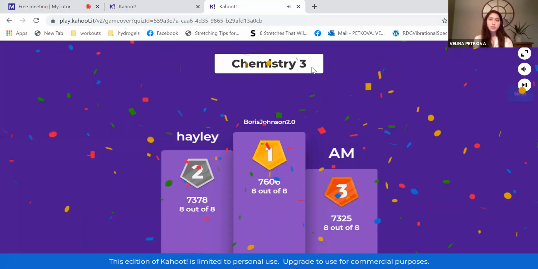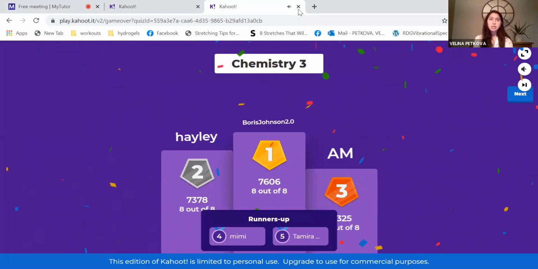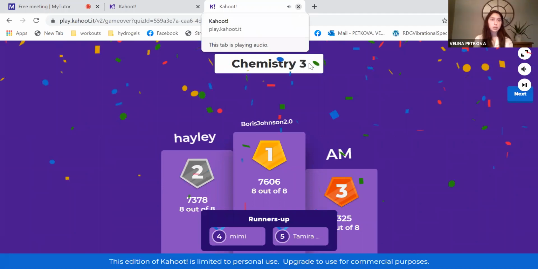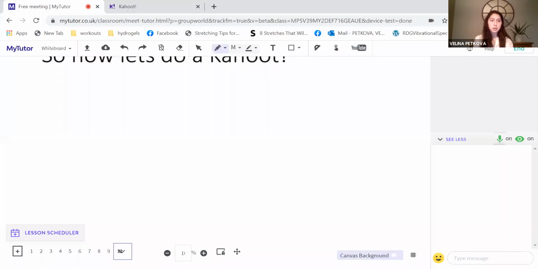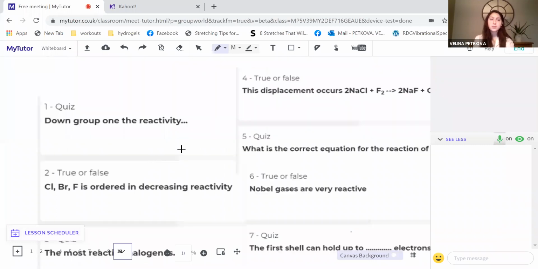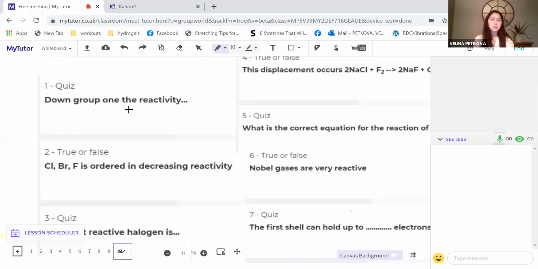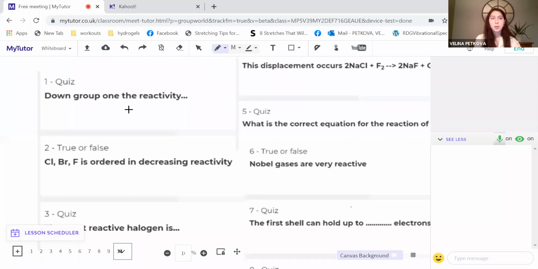Okay, brilliant. So now let's look at the answers to our questions. So first one, down group 1, the reactivity increases. So remember, it loses the electron easier down the group, so therefore the reactivity down the group increases as it's trying to lose the electron.